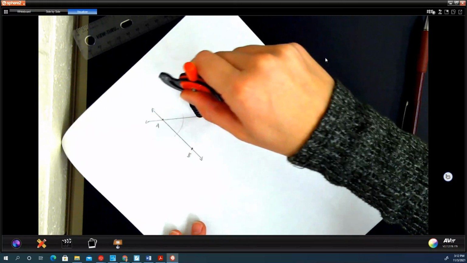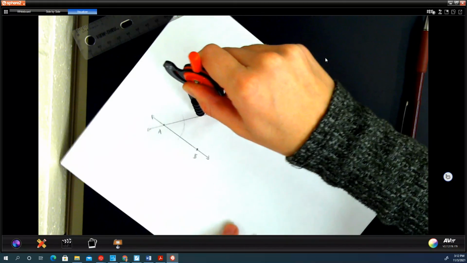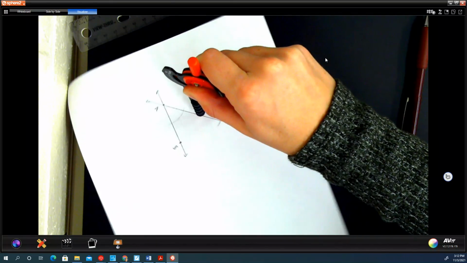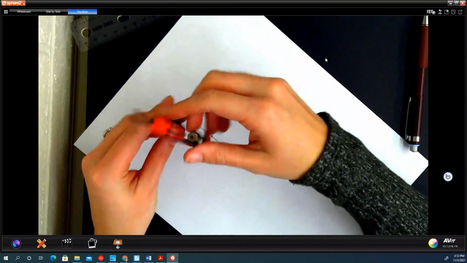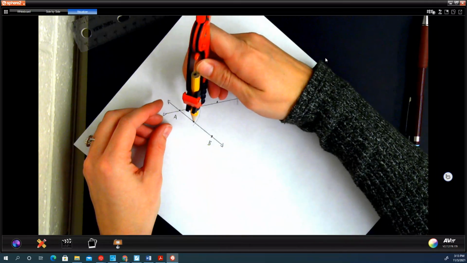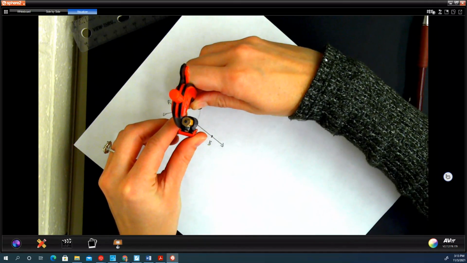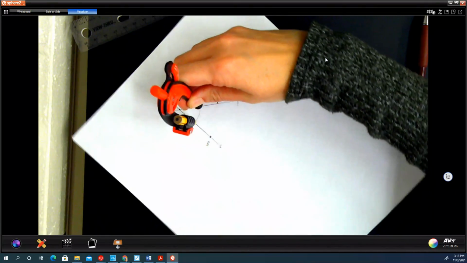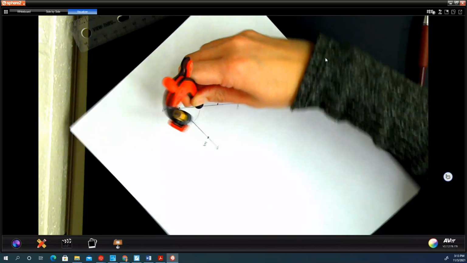If I'm trying to copy an angle, I copy it on my new vertex, draw that same arc, make it a little bit bigger. There we go. And then you use this as a measuring tool to measure how wide that angle is. Draw a little arc there, to show that you measured it.